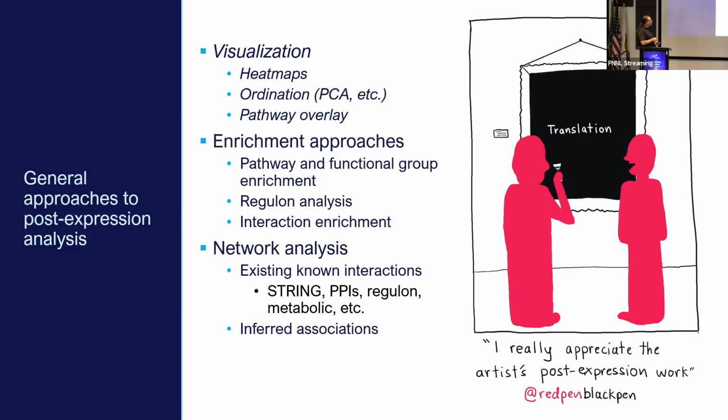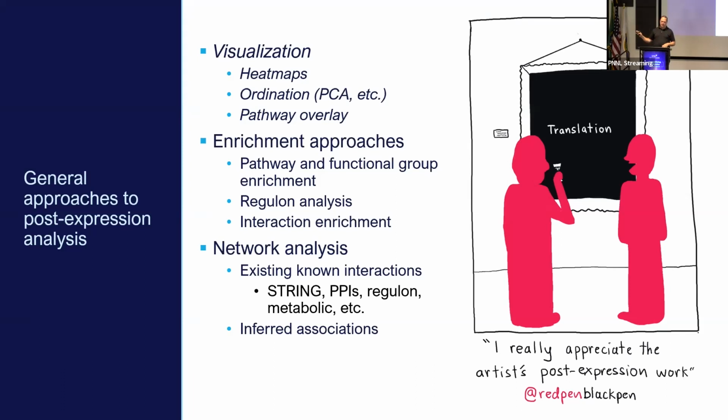I'm mainly going to focus on two separate but related approaches. And this isn't exhaustive. There's many different things that people do at this post-differential expression piles of genes. But one you'll see over and over and over again is pathway or functional enrichment. This is statistical enrichment in pathways.